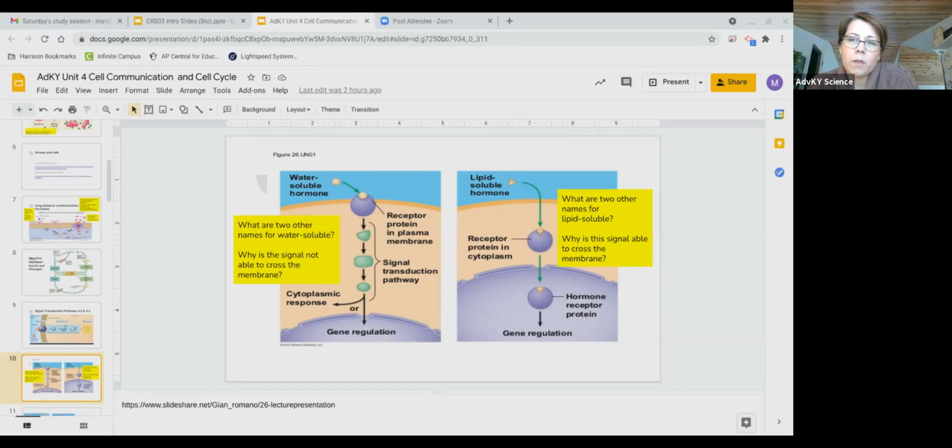In this, you want to think about properties of the membrane. Think about the characteristics of that phospholipid bilayer.